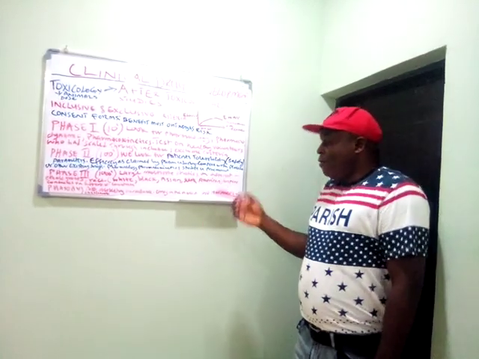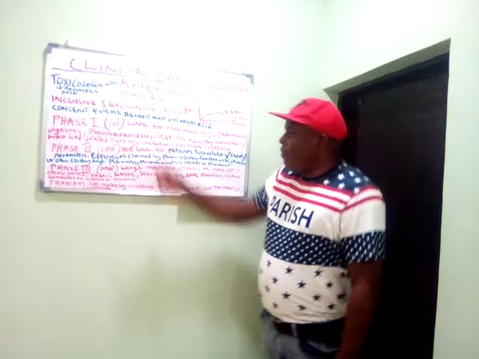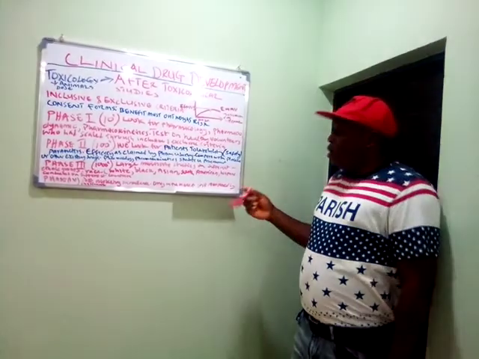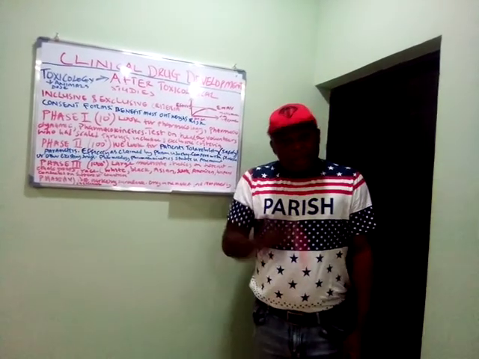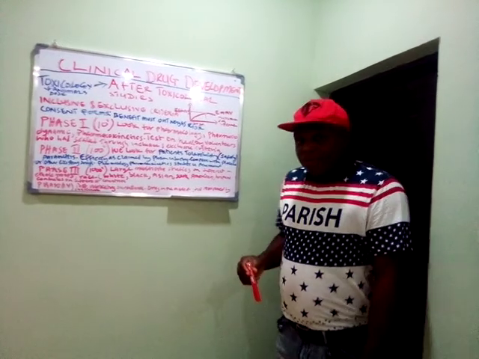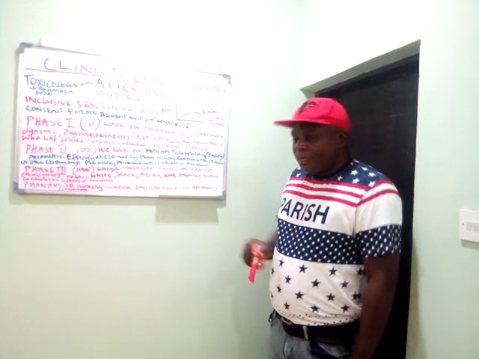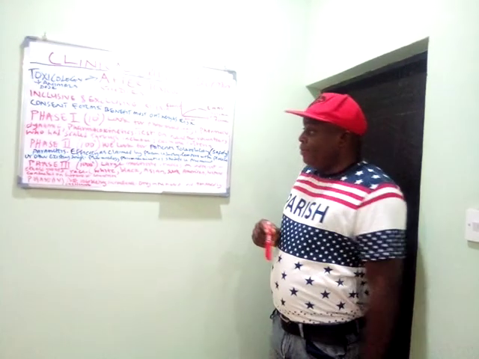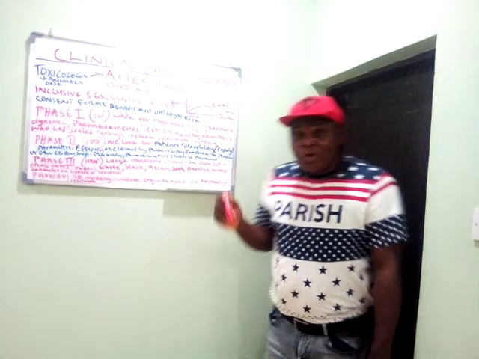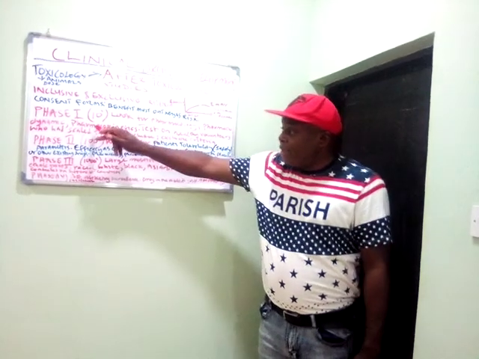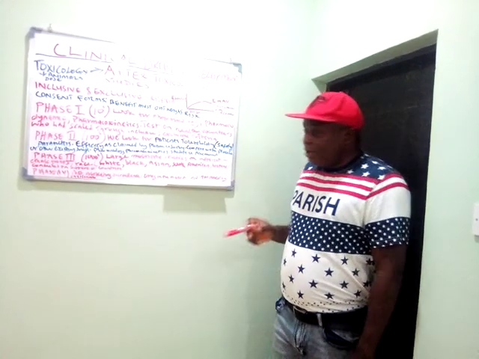For instance, for you to participate in a phase 1 clinical trial, the protocol of the study must stress and give conditions and requirements for you to be able to participate in a trial of this sort.